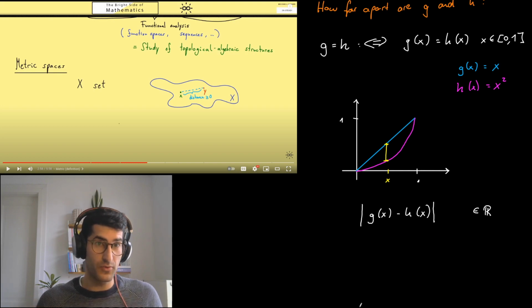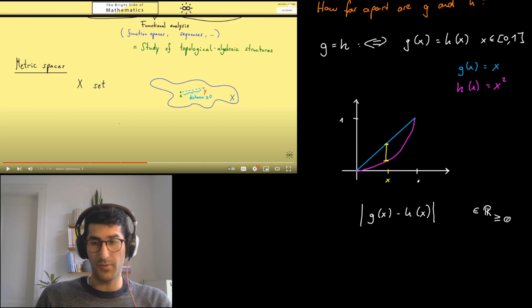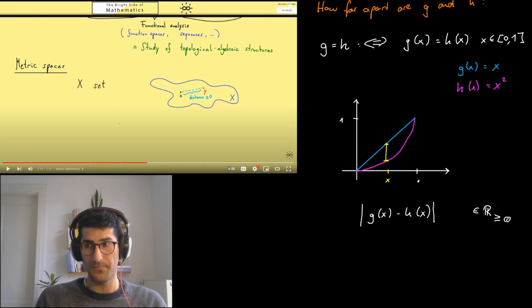The distance of 2 numbers is the absolute value of their difference. We take the difference of 2 numbers and then apply the absolute value to it, and then we get a positive real number. The real number being 0 if g of x equals h of x.